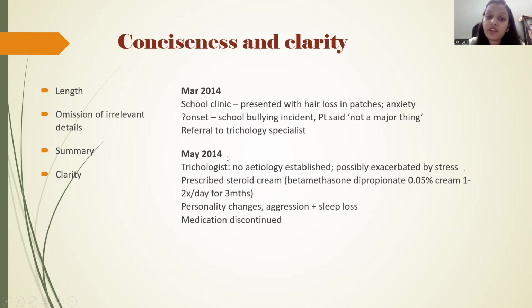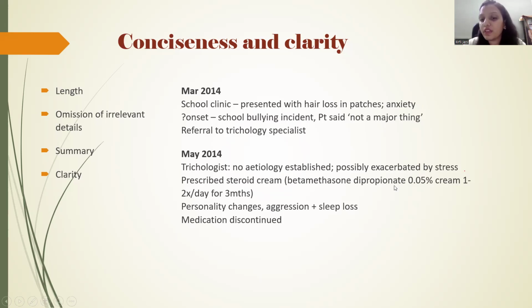But what is important is that we referred the patient to the trichologist specialist, right? So I have selected this first point and the last point from March 2024. Now, when the patient came in May 2024, the trichologist examined the patient, with no etiology, and a steroid cream prescription. I think it is important that the trichologist has assessed the patient, but no etiology was established, possibly exacerbated by stress.